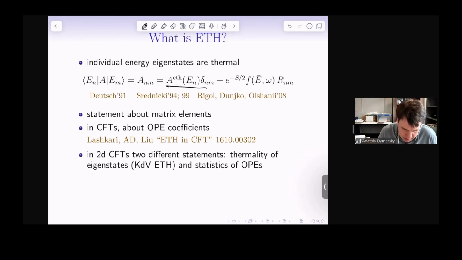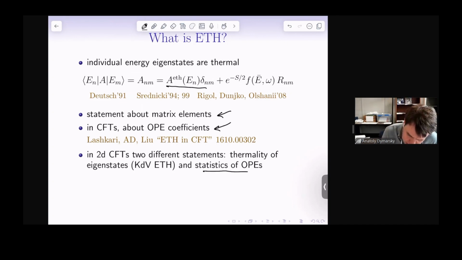So there are different philosophies here and different ways to look at the Eigenstate Thermalization Hypothesis. One way to think about it is that this is a statement about matrix elements. And if you try to translate it in the language of CFT data, that will be a statement about OPE coefficients. But actually, if you focus on two-dimensional field theories, and that will be my focus today, there will be two slightly different statements.